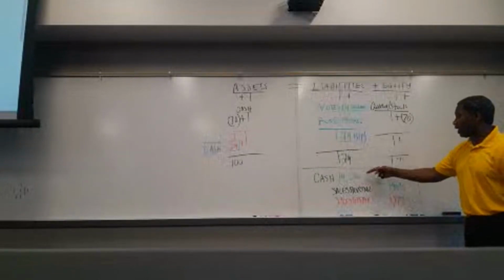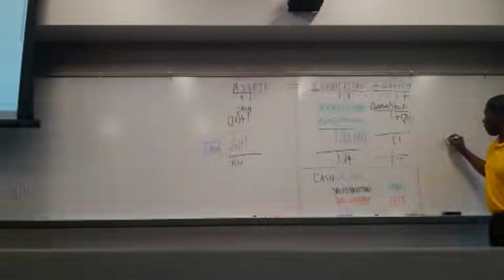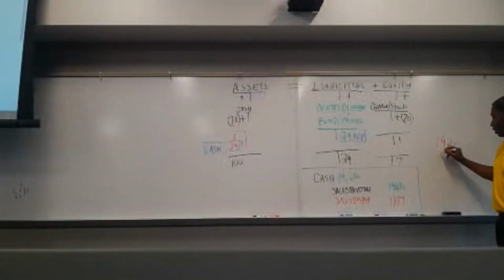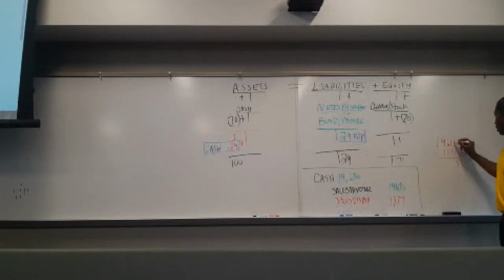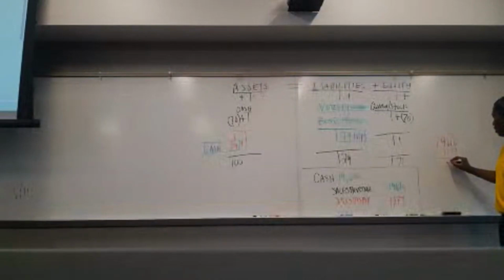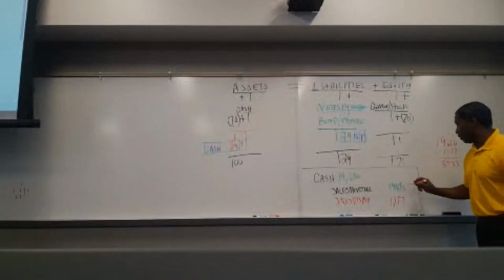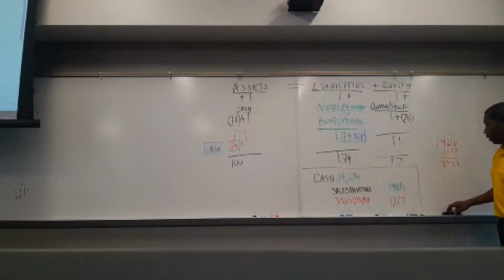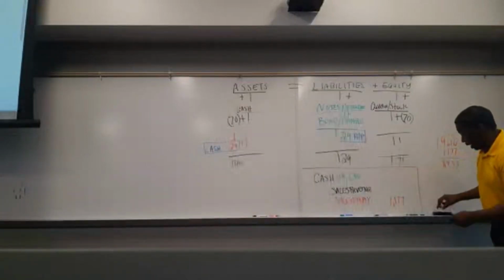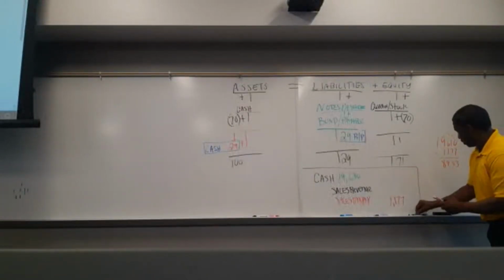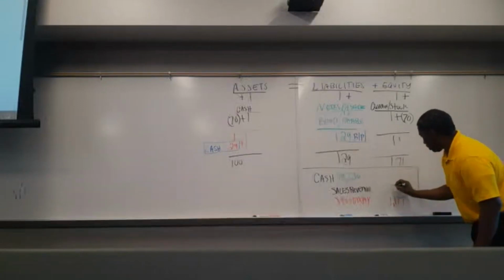And then everything left over after I subtract my 19,610 minus 1177. Look, it looks like we'll have 84.43 for our actual revenues, okay? $84.33.